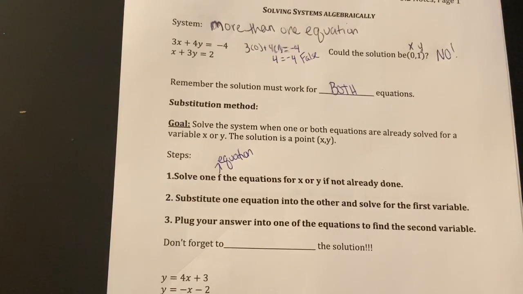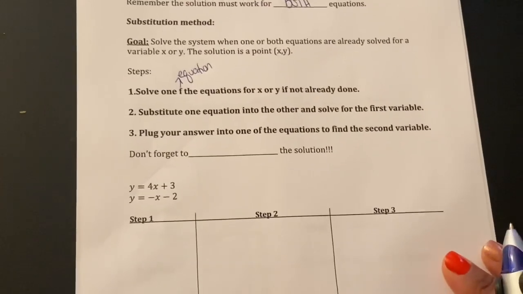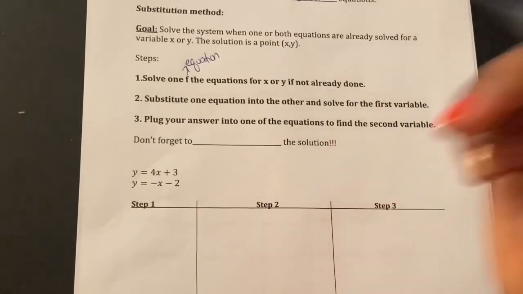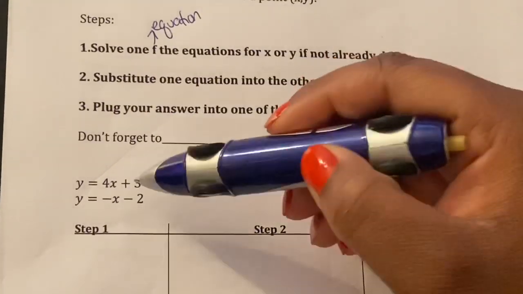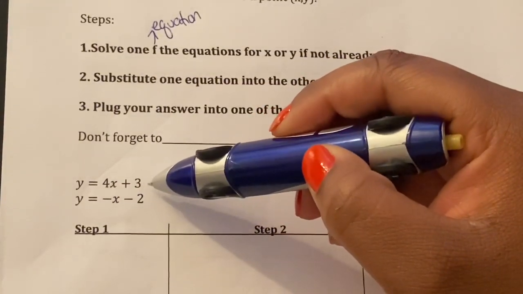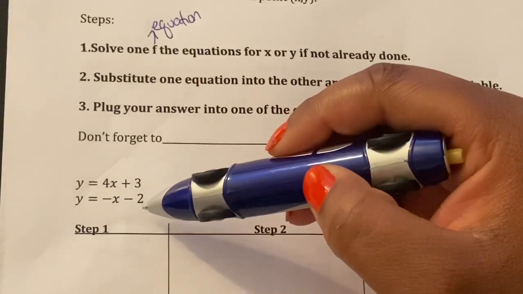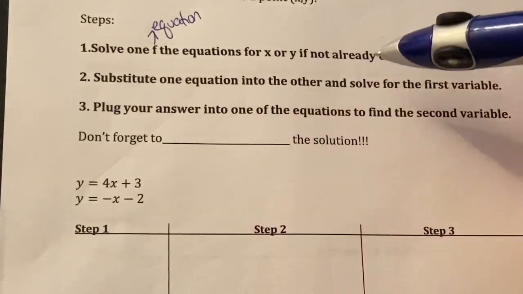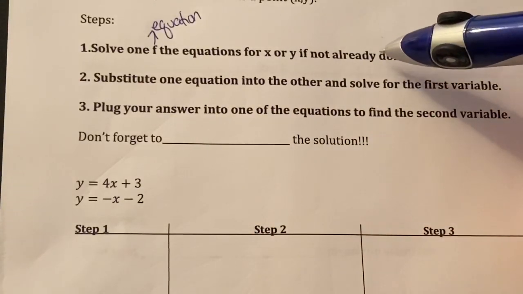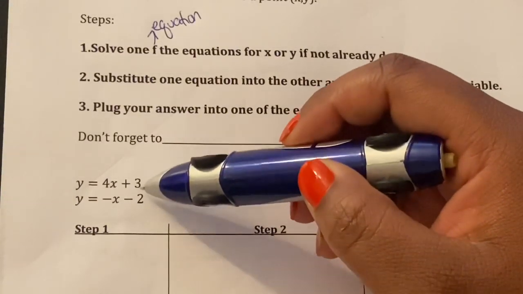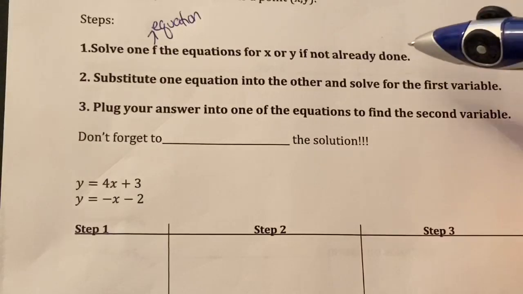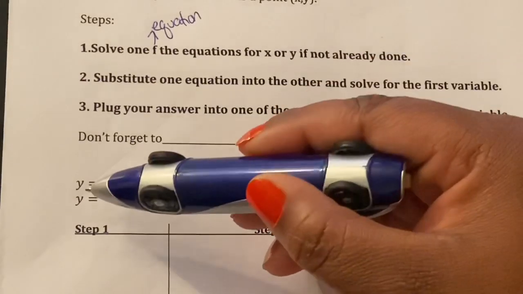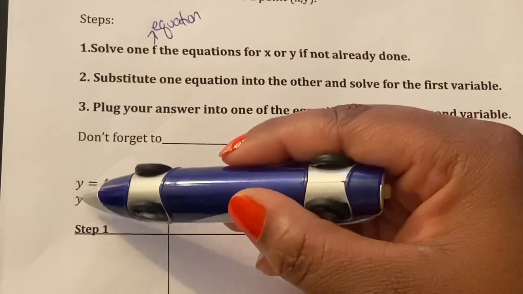Okay, if you look at our example here, we have y equals 4x plus 3, and we have y equals negative x minus 2. Step 1 is already done for us. Both of these equations are already solved for y. Okay, so that's what's meant by that first step. Solve one or both of them for y or x.